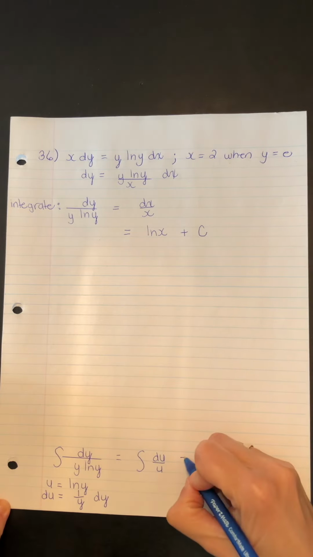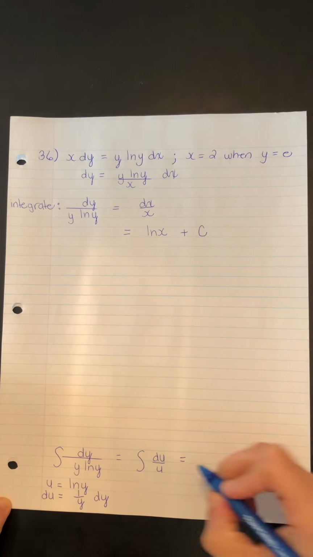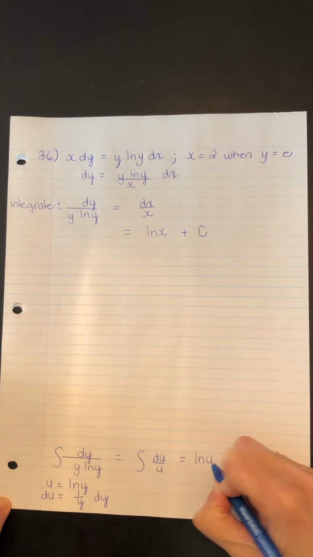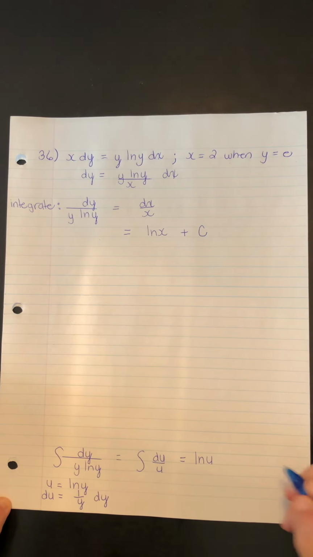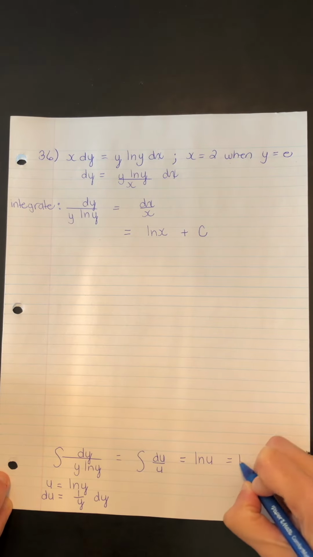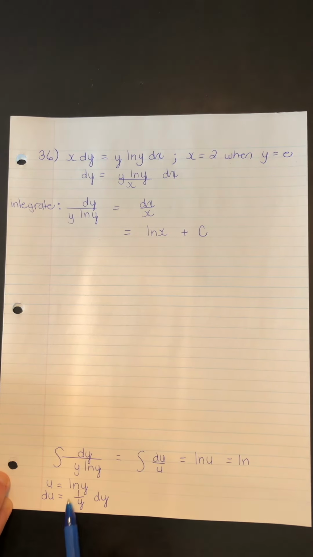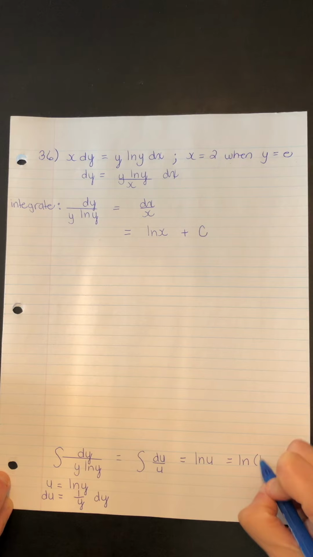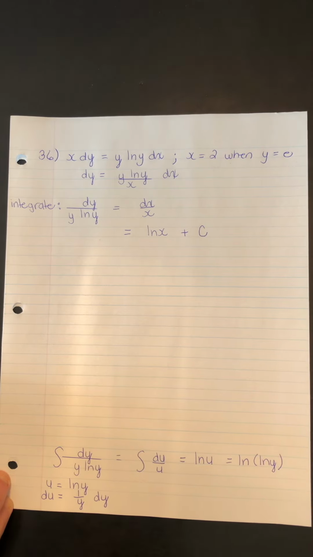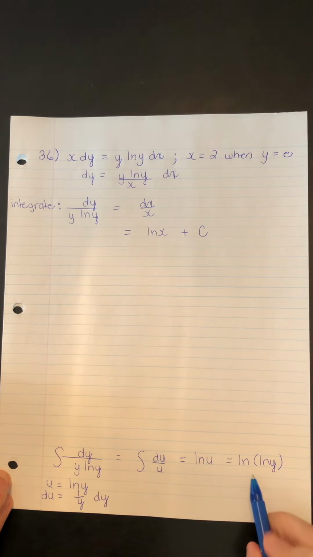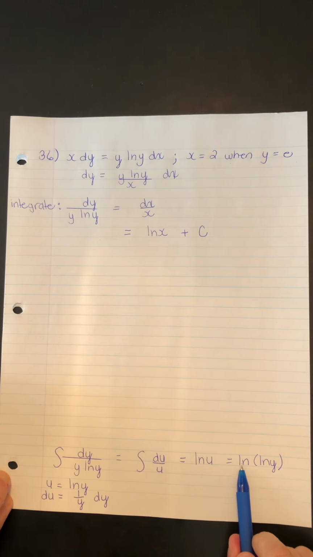Okay, so now what is the integral of du over u? Well, that's just the ln of u. But of course we wouldn't leave it with a u in it. Here we would replace u with ln y. All right, so the strange integral here on the left side is the natural logarithm of ln y.